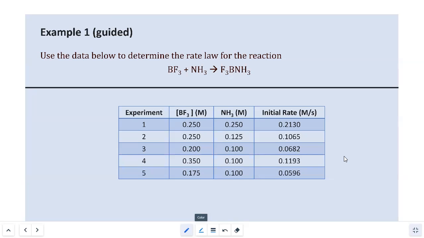So let's take a look at this first example here. Use the data below to determine the rate law for the reaction BF3 reacting with ammonia to make the adduct compound of the two.